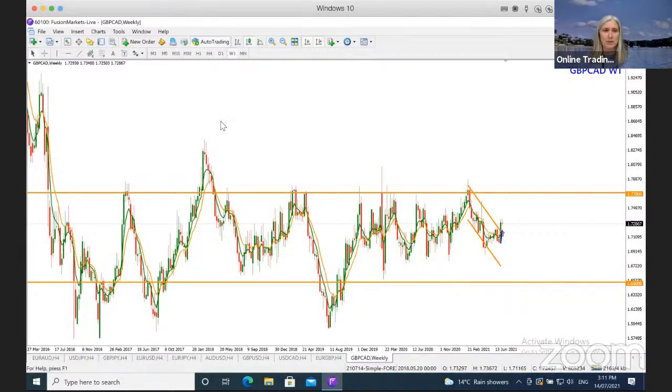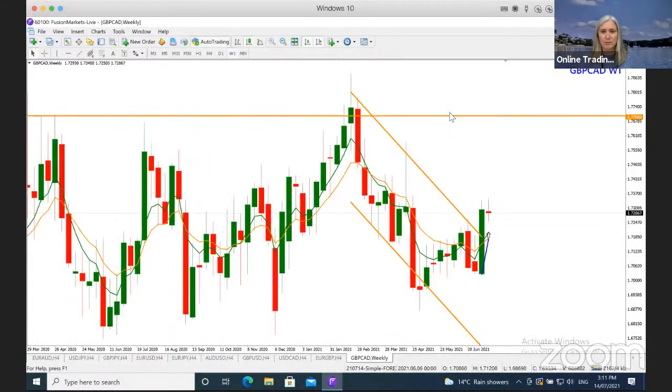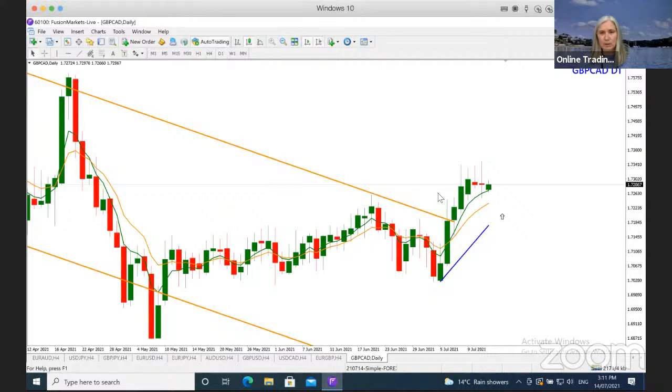So potentially that might now be going back up to the top of that channel, and that's going sideways, the top of the range. So I'm potentially looking for a long on that now.